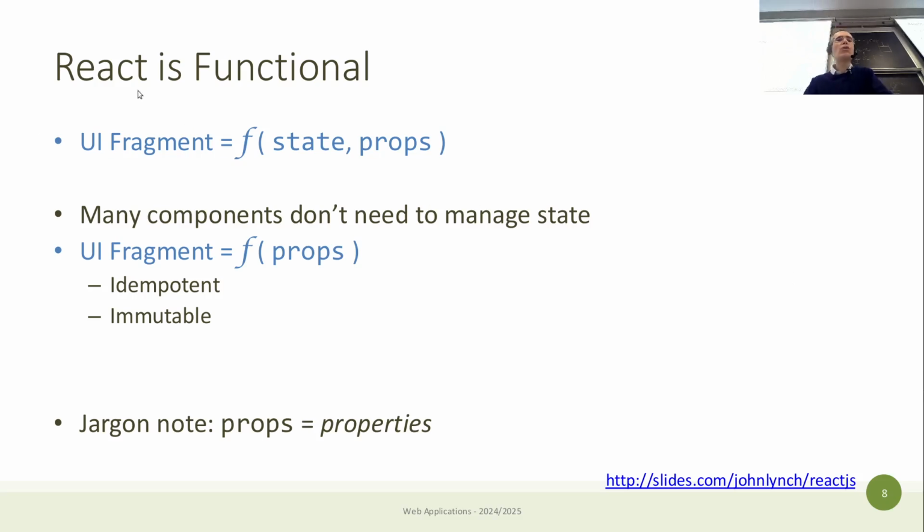So in short, a React application is a set of functions that takes as parameter some state of the application, like I have a list of items and the state contains the items, or maybe I have a pop-up, or a list which is open or closed. That's a binary state. And a set of props, which are other parameters that we can pass to the function that defines a component.